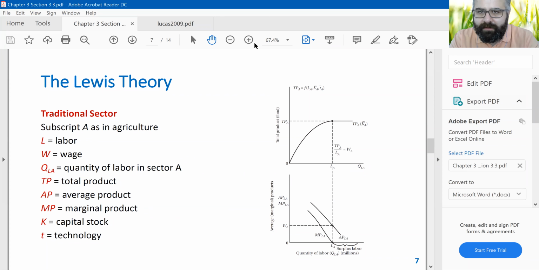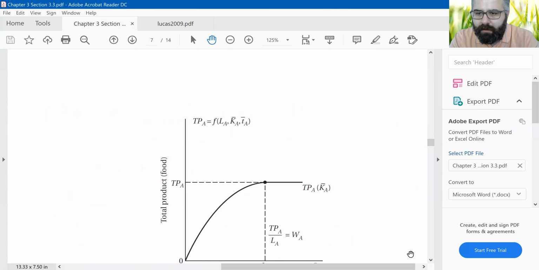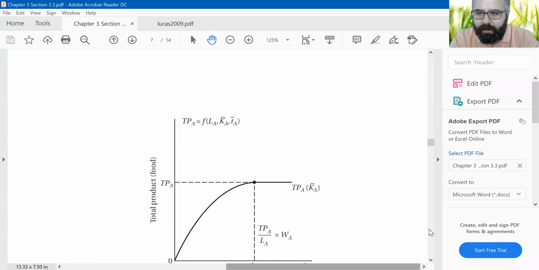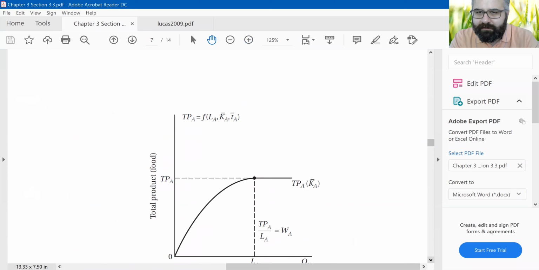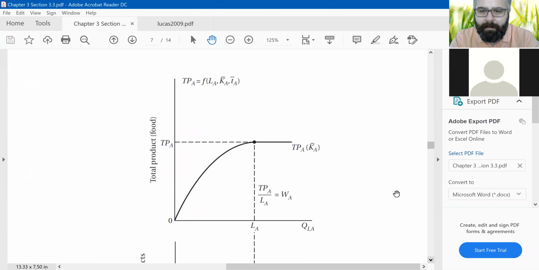And there are a couple of further things. Let me zoom in a little bit. You can still see it when I zoom in? Yes. Okay, so here we're going to make a couple of assumptions. First, capital stock in agriculture is fixed. This is a simplifying assumption.